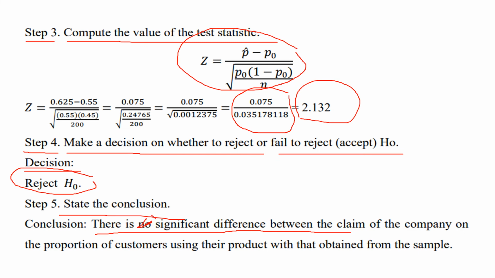So there's a typographical error here: the word "no" is not supposed to be in our statement, because if we reject your H0, then there is a significant difference between the claims of the company.